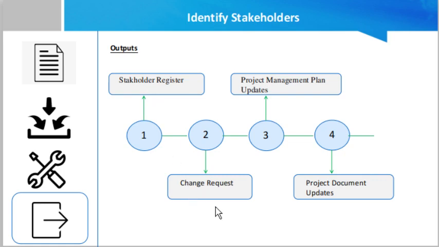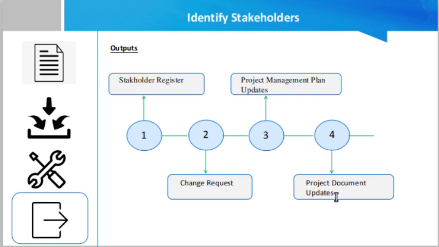Then the change request. After identification of stakeholders, if you identify, for example, some stakeholder who wants some changes, so a change request may arise after this process. Project management plan updates, like for example any schedule changes, any changes in the project management plan can occur after the identification of stakeholders process.